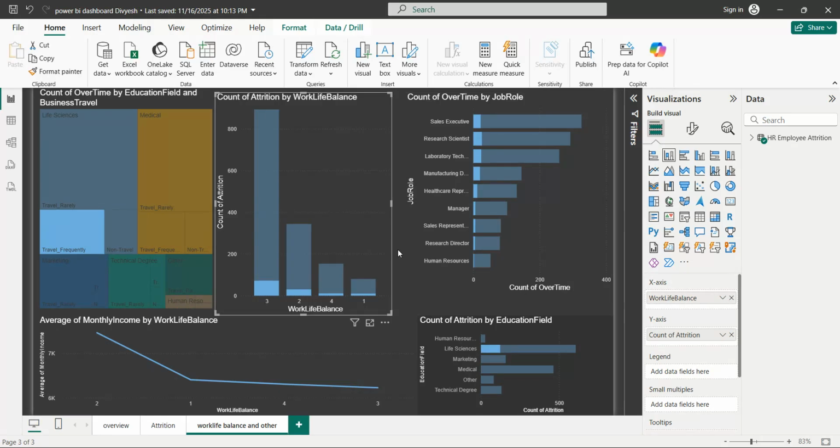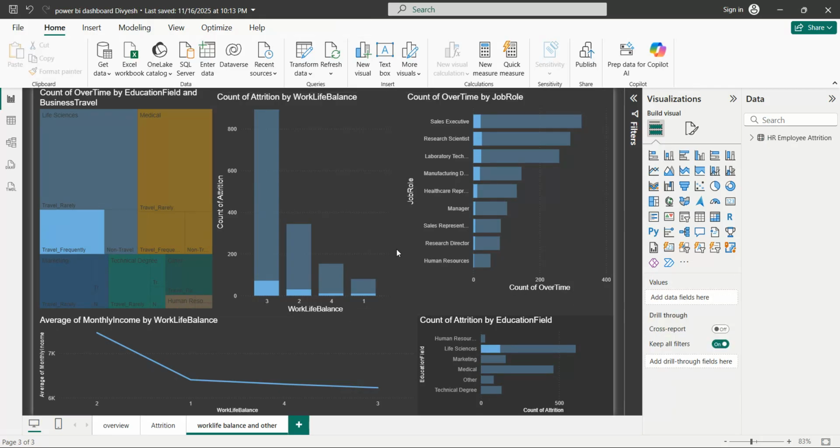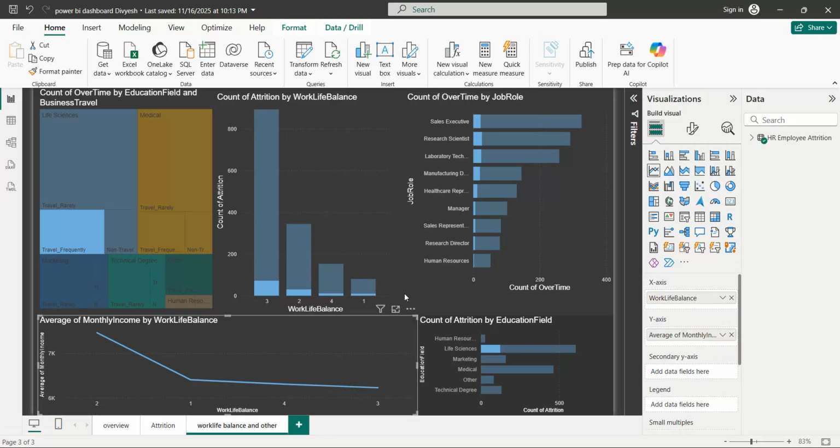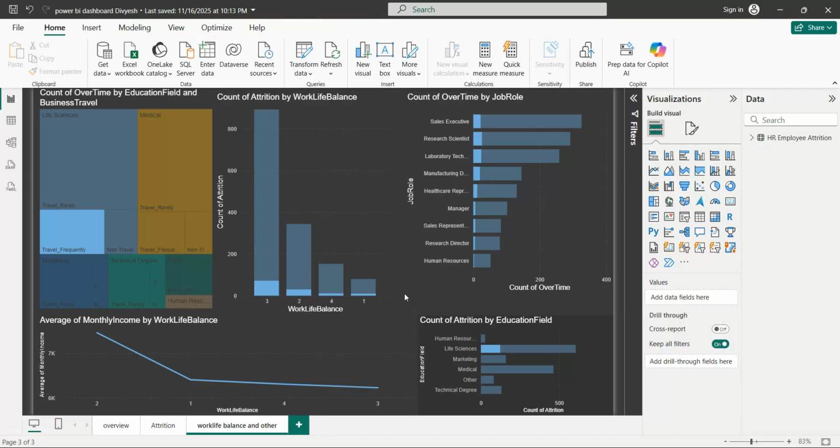So coming to the next, count of attrition by work-life balance. This bar chart shows how attrition varies across different work-life balance ratings, ranging from 1 to 4.